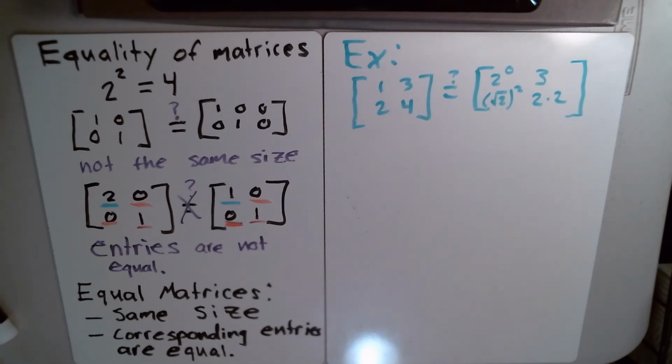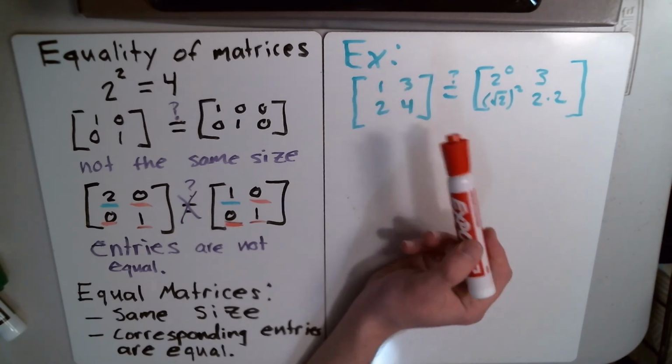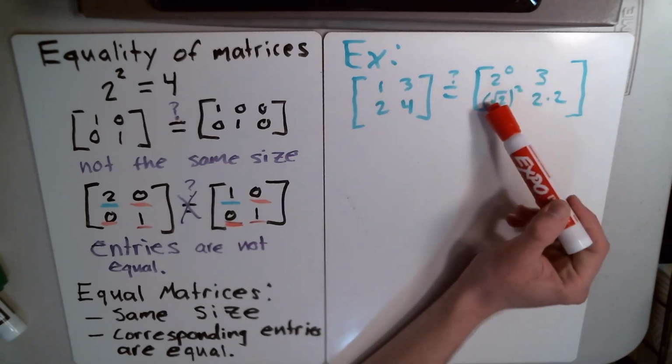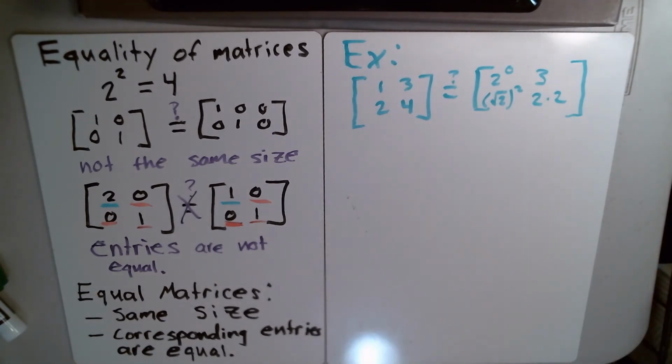So first of all, do they have the same size? Well, yes, there's 2 columns, 2 rows. This has 2 rows, 2 columns. So they are the same size. Now we just need to figure out, are the corresponding entries of these matrices equal?